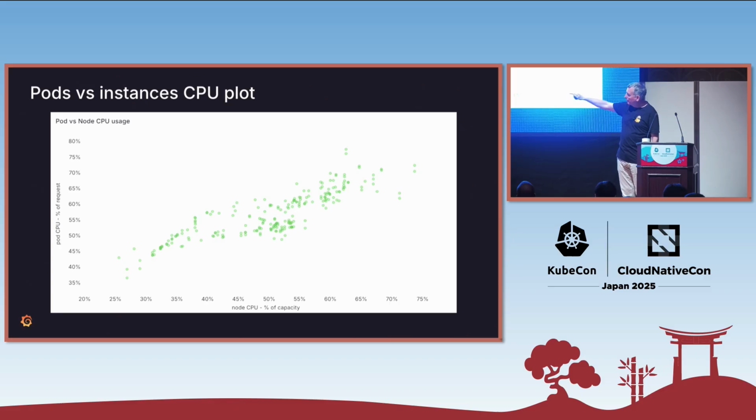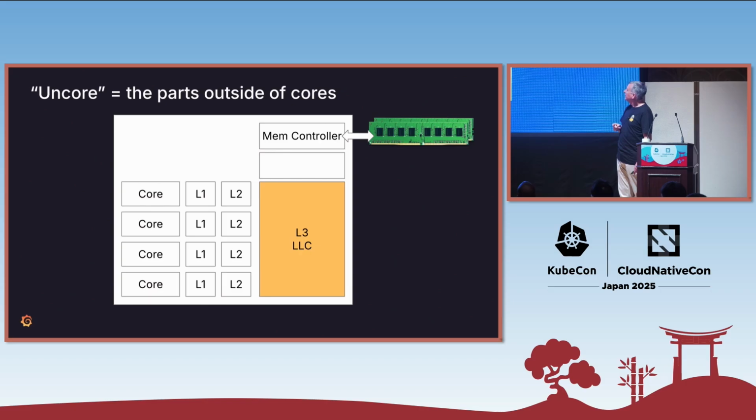For the same work, the pod CPU utilization can go from about 36 to 80 percent of what we request, the percentage of request. And if you plot that against how busy the node is, you get a nice diagonal line, right? So this is pod CPU against node CPU. And the load balancing is very, very good. There's nothing stupid going on here. This is uncore. So what does that mean?